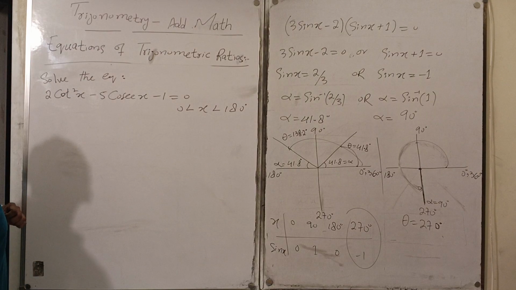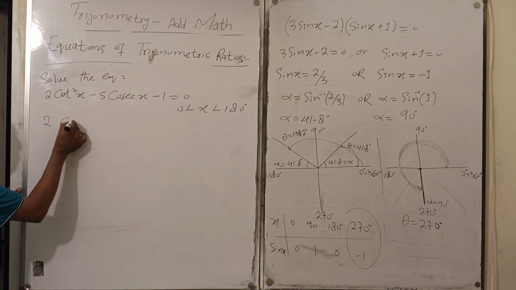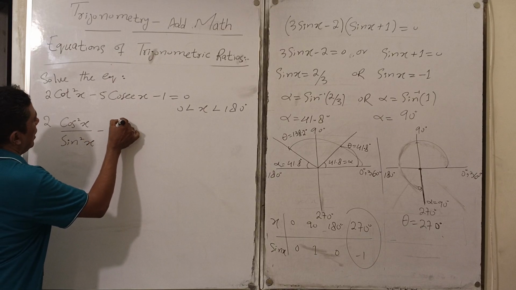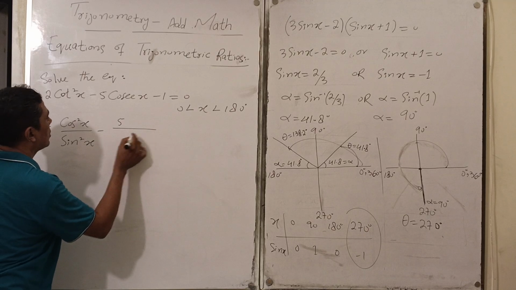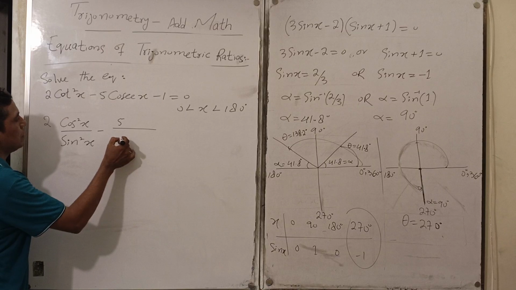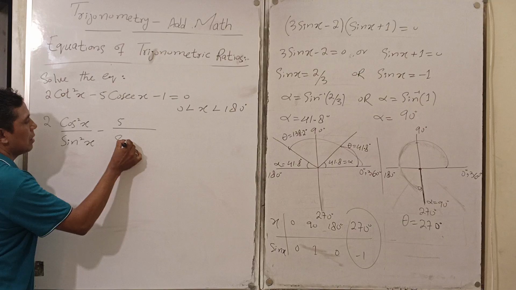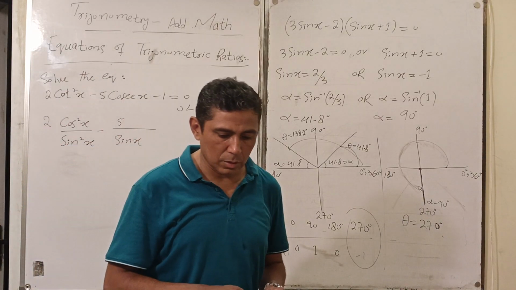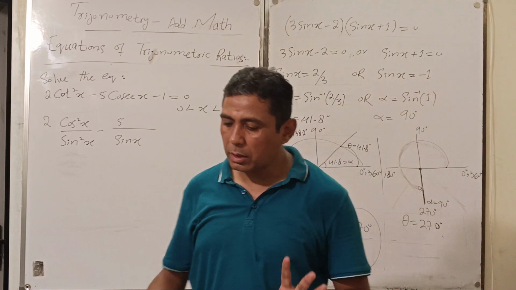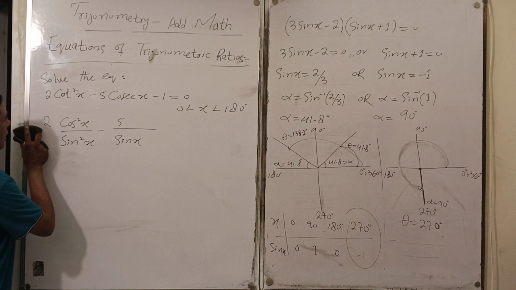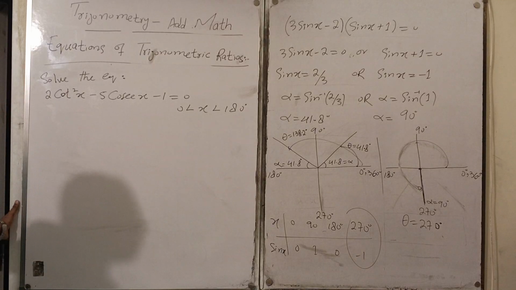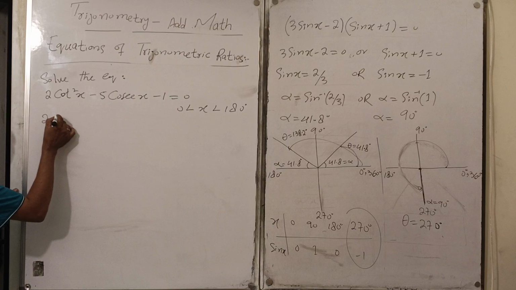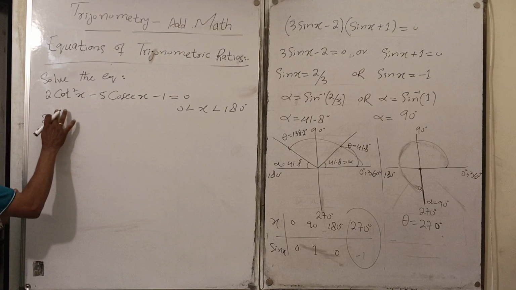Cot square theta is cosec square theta minus 1.